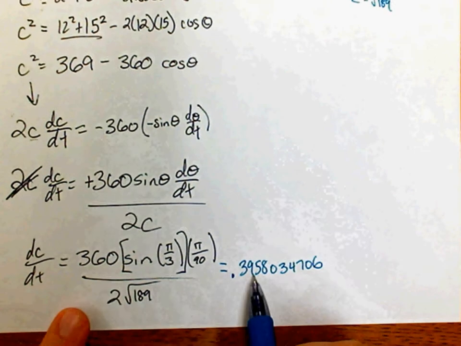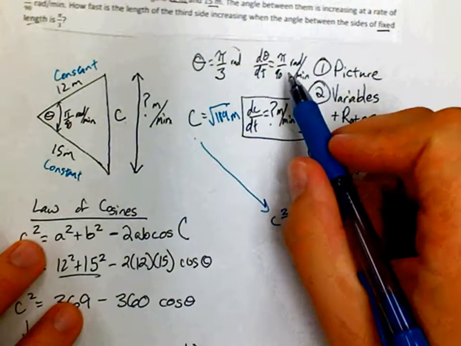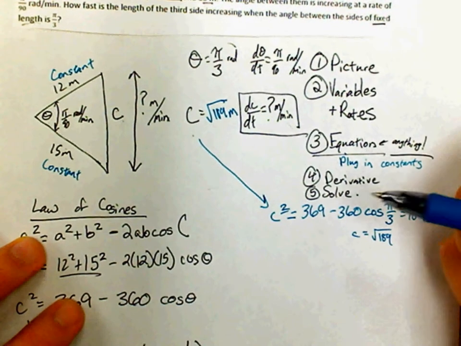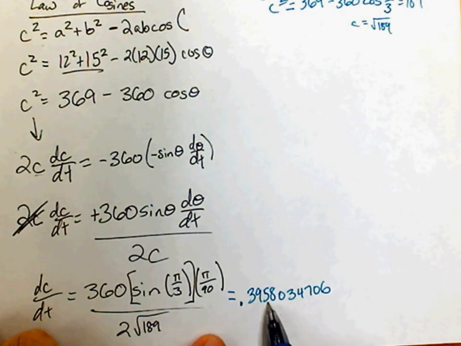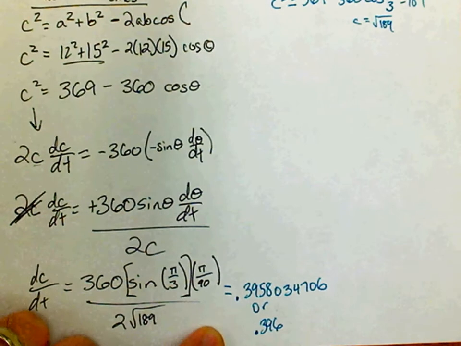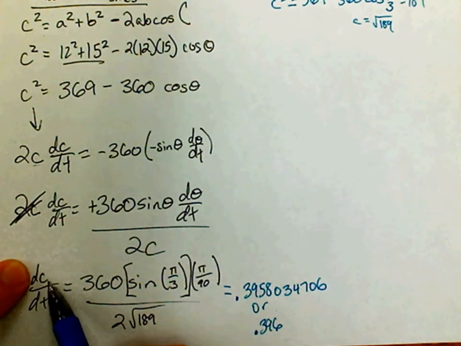And this is not a very big number, but pi over 90, it's not a very big change in the angle. So don't be concerned. This is a small number, so is this. So we've got 0.3958, or we could say 0.396 is our answer. Again, it is dc dt. C is measured in meters. Time is measured in minutes.